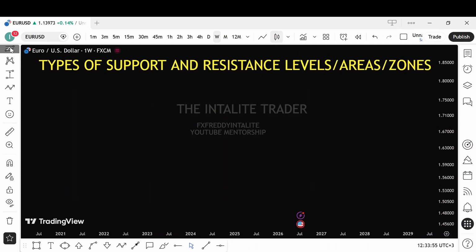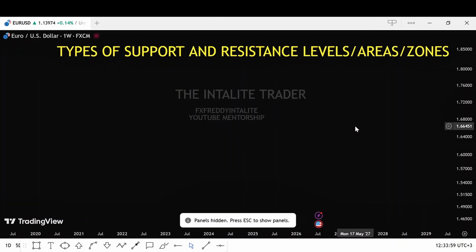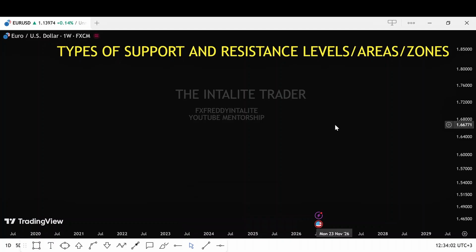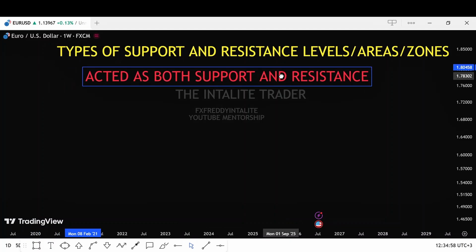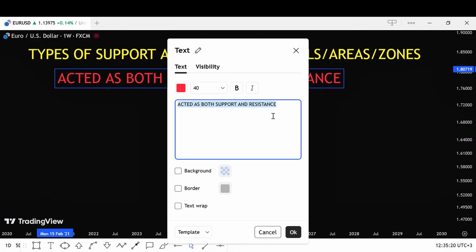So the next type of support and resistance levels we have is a level that has acted as both support and resistance. If you remember, strong support and strong resistance.